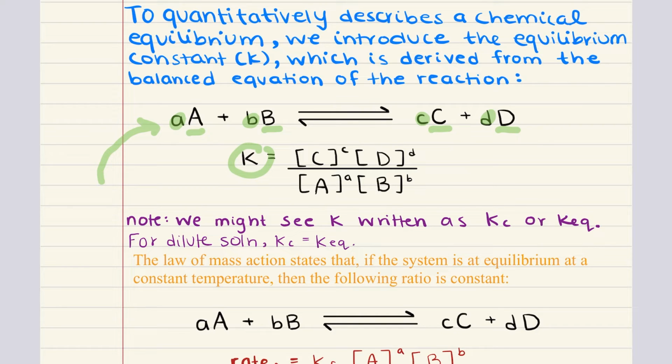The lowercase letters a, b, c, d represent the stoichiometric coefficients in the reaction, indicating the proportions in which the reactants and products participate in the reaction.